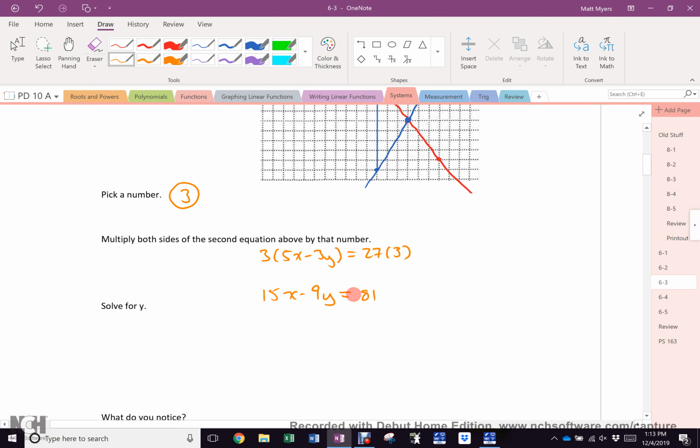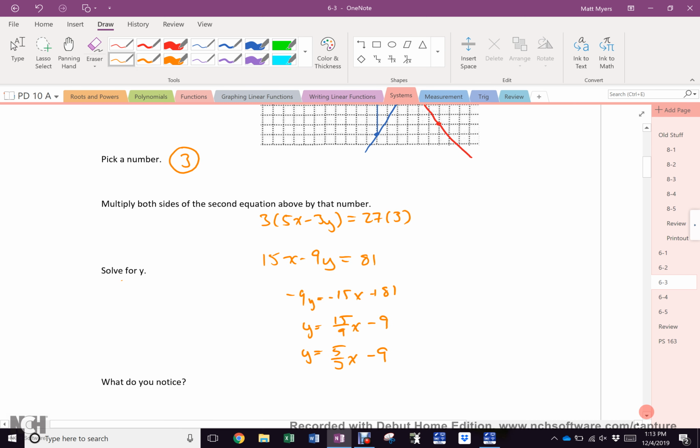Yeah? Solve for y. And no matter what you did here, once you solve for y, what did you find?